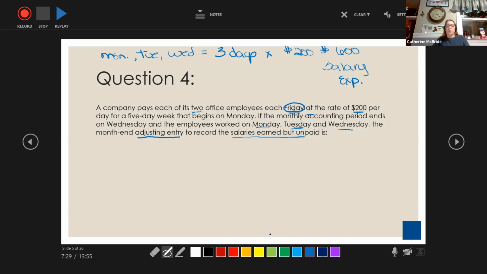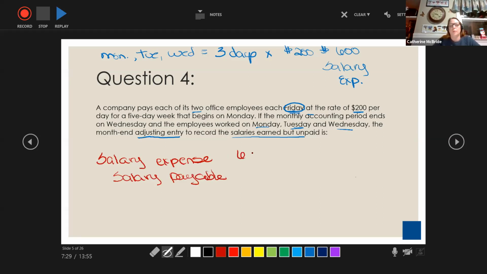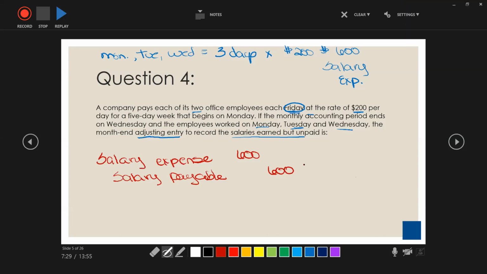We need to do a journal entry for it now. So we're going to record salary expense and salary payable because we haven't paid it yet, right? Mm-hmm. For $600. Does that make more sense now? Yes. Yay!